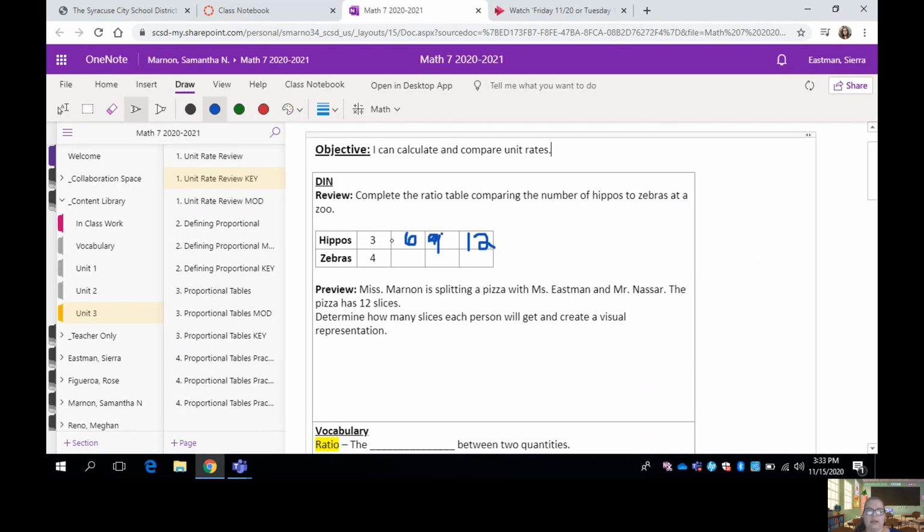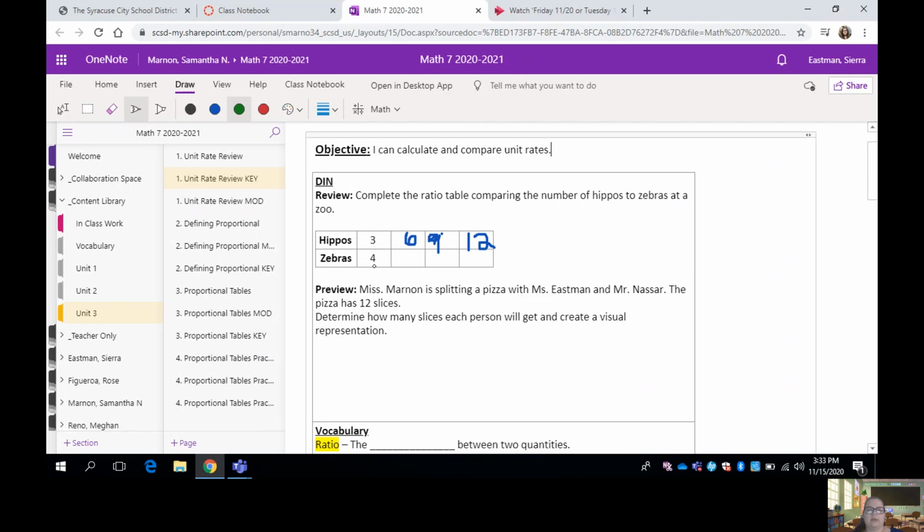Okay, so they keep getting more and more hippos, but we want to keep the ratio of hippos to zebras the same. If I fill in 6, 9, and 12, how many zebras am I going to need to keep that ratio the same? If we notice here, I was counting by 3s, so I'm adding 3 each time.